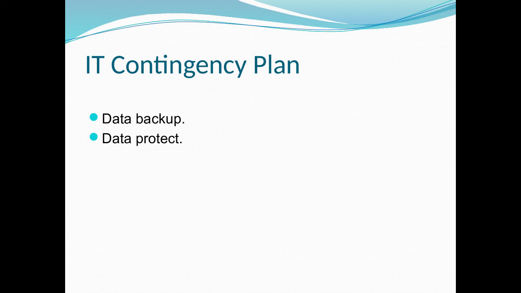Now, your company needs an IT contingency plan for two most important things. One, your company needs to back up your data, and two, your company needs to protect your data. Why does it need to back up the data? You have a server system in the main branch.